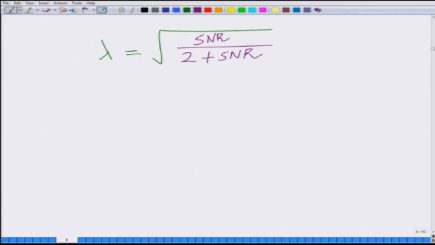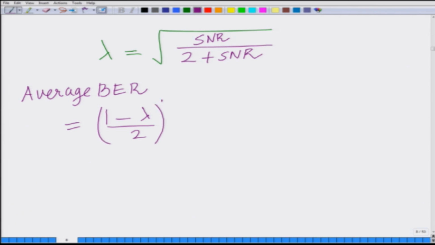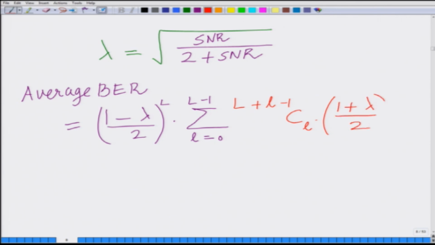Let me write this expression again here clearly. So the average bit error rate equals 1 minus lambda over 2 raised to the power of L times the summation small l equals 0 to L minus 1, L plus l minus 1 choose l, 1 plus lambda by 2 raised to the power of small l, where lambda equals square root of SNR over 2 plus SNR.